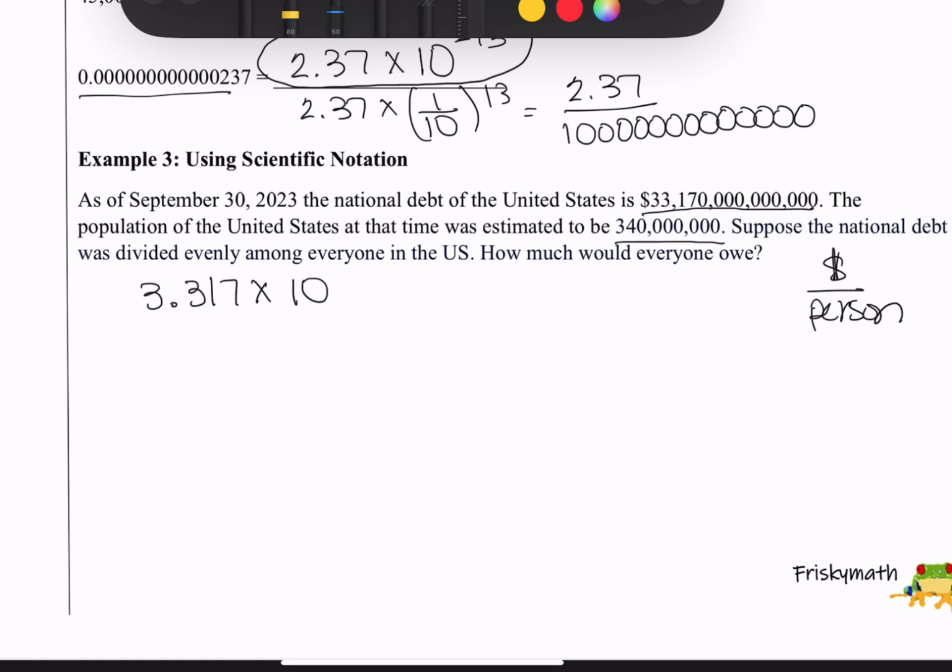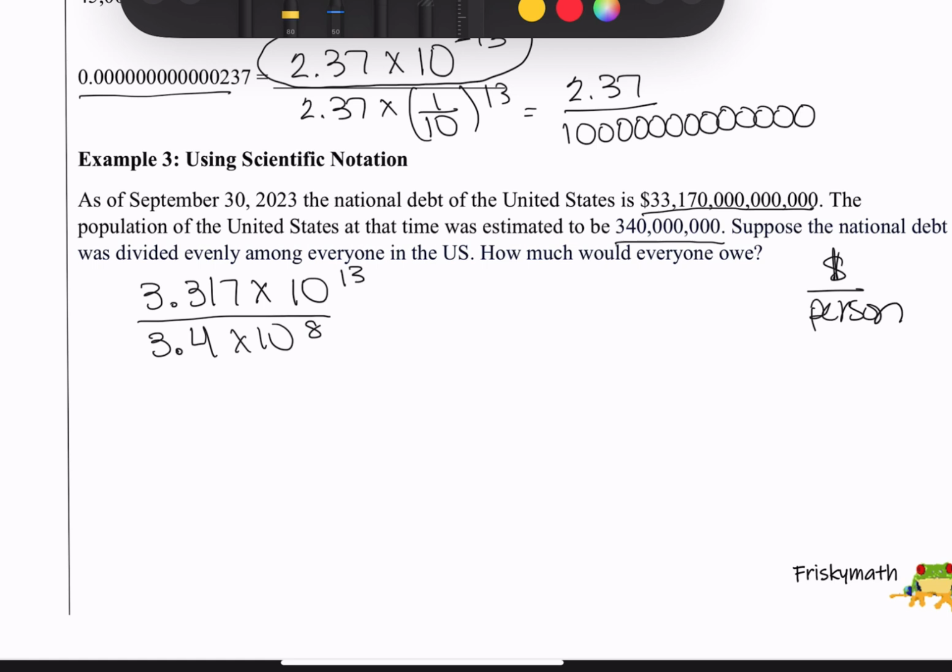So I moved left, and it looks like I went 3, 6, 9, 12, 13. So this is times 10 to the 13th power. Over, all right, now that 340 million, let's see, as scientific notation could be written as 3.4 times 10, and I moved 3, 6, 8 spaces to the left.